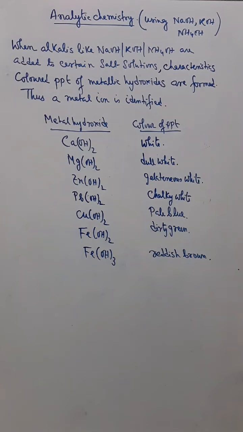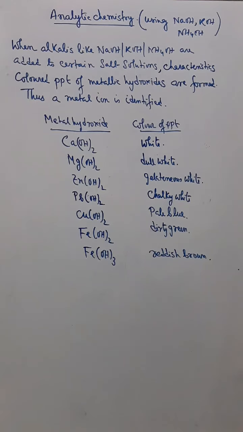The first thing is that you copy this so that you have an idea which metallic hydroxide color is what. Like calcium hydroxide, the color is white. Magnesium hydroxide is dull white, so white. Zinc hydroxide is a gelatinous white, that means it's a little bit shiny, just like toothpaste. Lead hydroxide is also white, but generally we say chalky white.